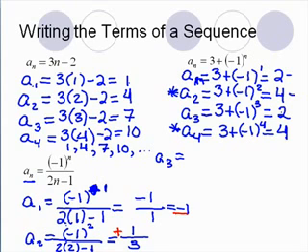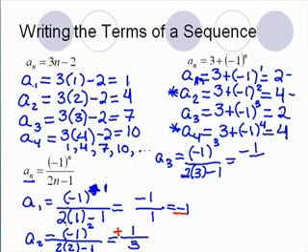A sub 3 is going to equal negative 1 cubed over 2 times 3 minus 1. So negative 1 cubed, we're going to get a negative 1. 6 minus 1 is going to give us 5.